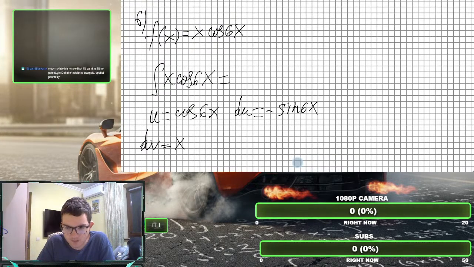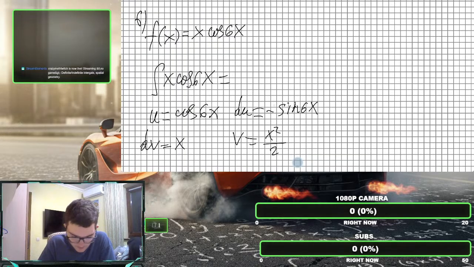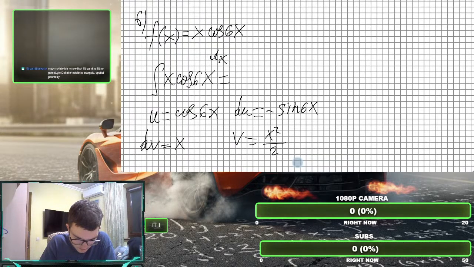I don't really remember it. Does dv actually have a dx somewhere there? Gonna have to refresh my memory there. But I know that v is the integral of that dv, which is actually pretty simple. It's just gonna be x to the power 2 divided by 2. And here, yeah, I should add a dx.